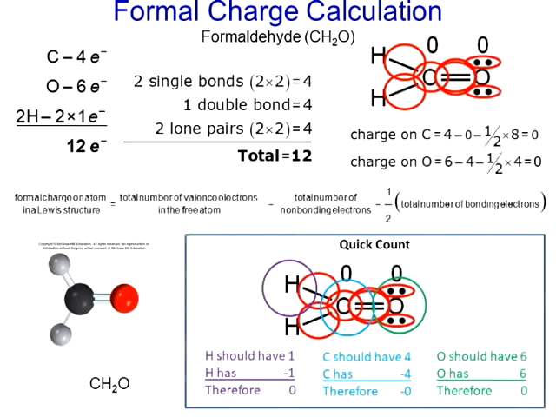Again, read through it slowly, and I'm sure you will pick this up. The quick count method is also shown, where we include hydrogen just so you see the process works. Hydrogen should have 1, minus the number it has, which is 1. So we're okay there. 0. Carbon should have 4. We look just around carbon. It has 4. 0. Oxygen should have 6. Only around oxygen, we split them up, and it has 6. Therefore, 0.